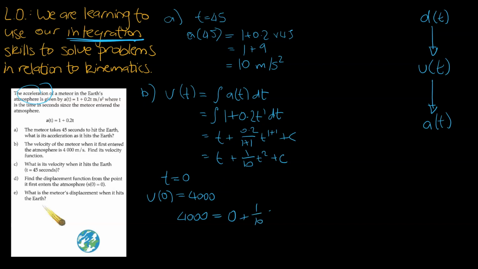Plus 1/10 of 0 squared plus c. All of this cancels each other out, which means c is going to be 4,000. And that means our final velocity equation, so v(t), is going to be equal to t plus 1/10 of t squared plus 4,000.